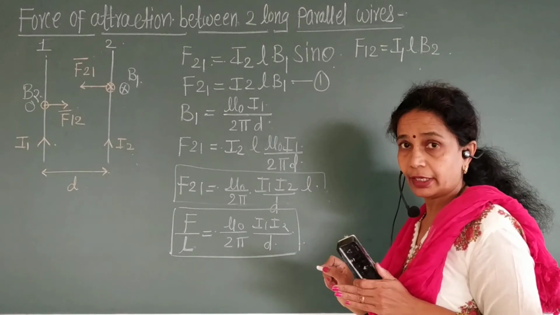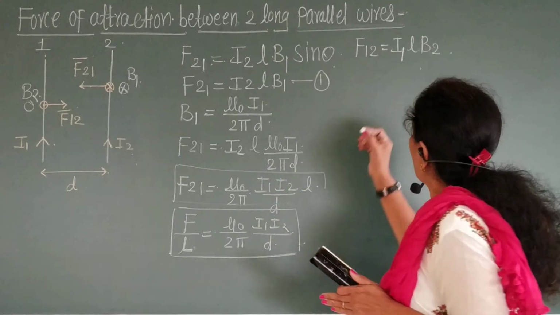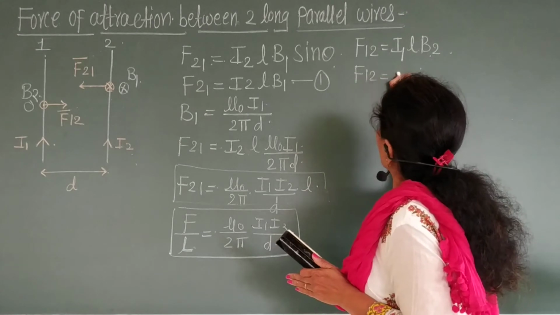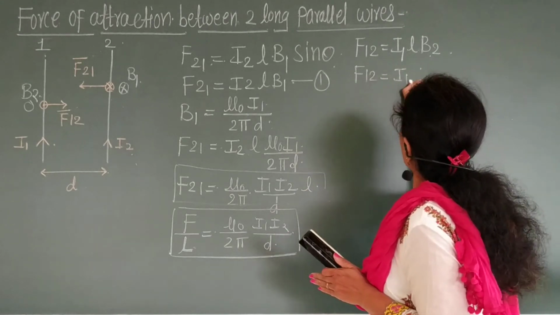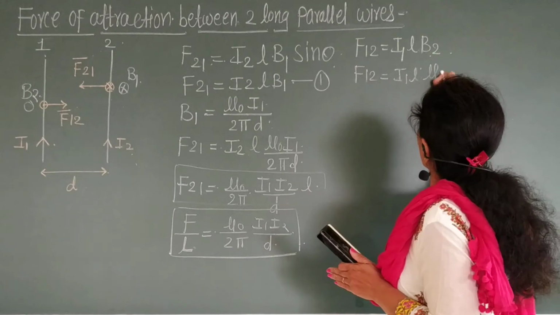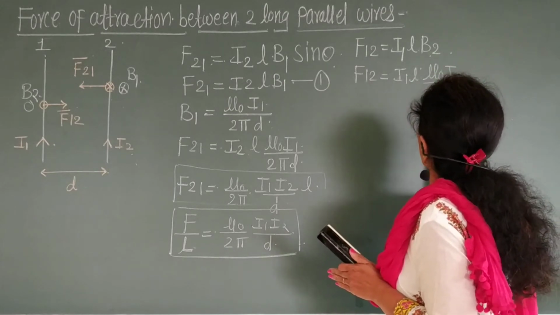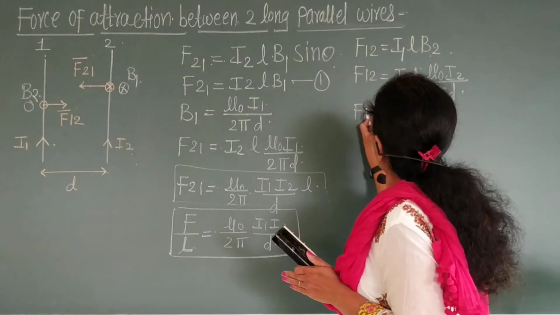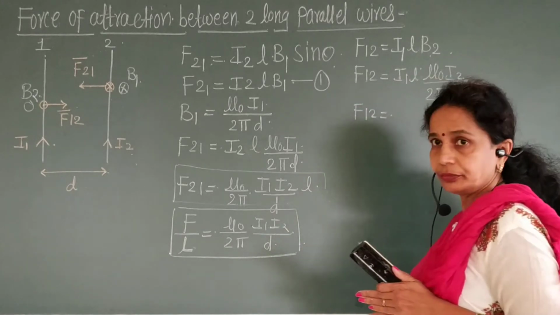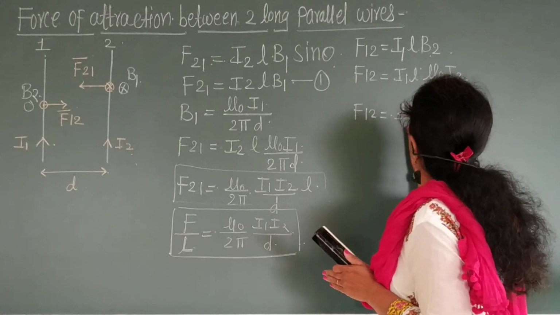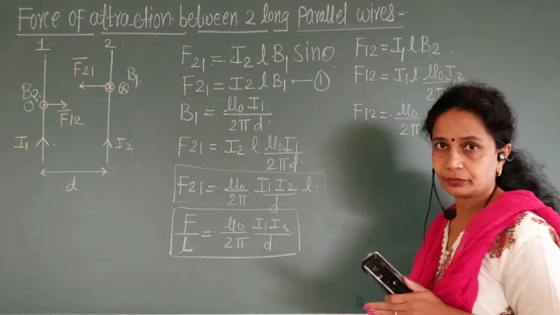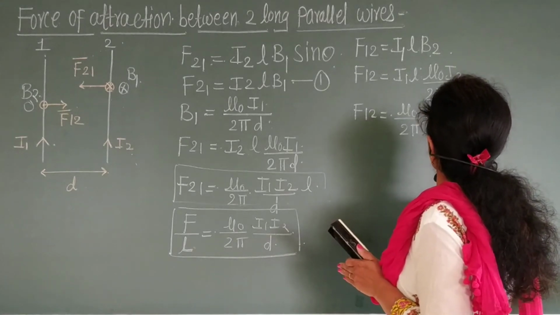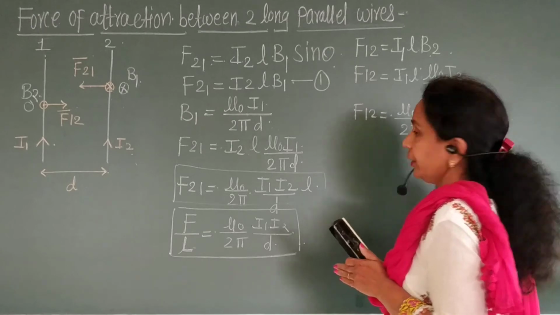By which magnetic field will the force act? It will act due to the magnetic field B2. Therefore, what is the value of B2? F12 is equal to I1 as it is, L, and the value of B2 is mu0 I2 upon 2 pi d. Therefore, F12 is equal to mu0 upon 2 pi, I1 I2 L upon d.